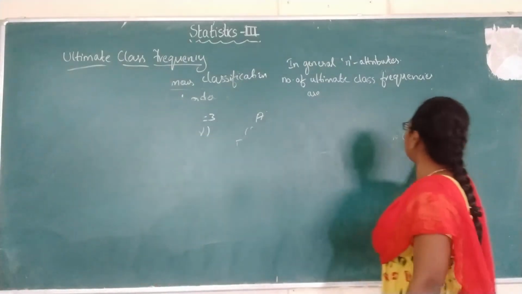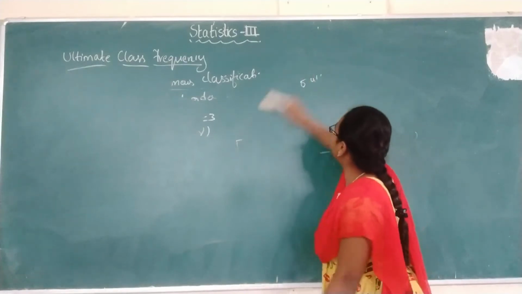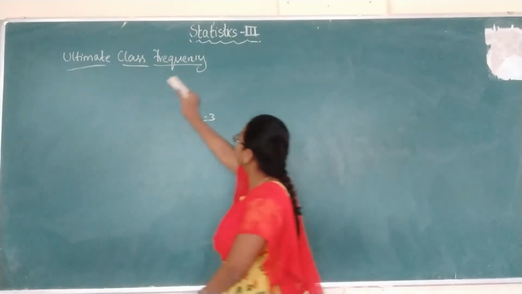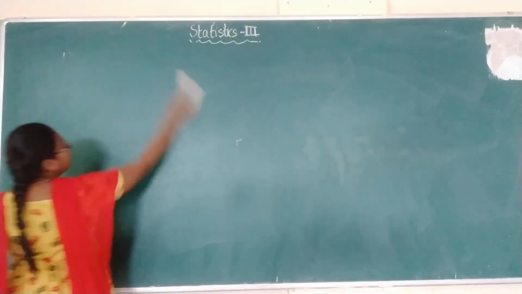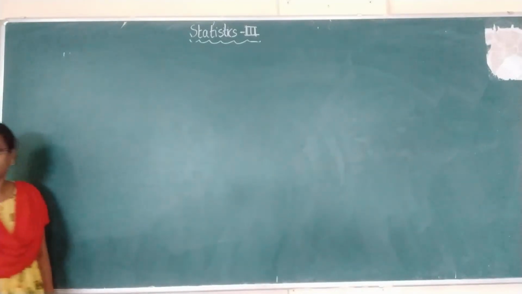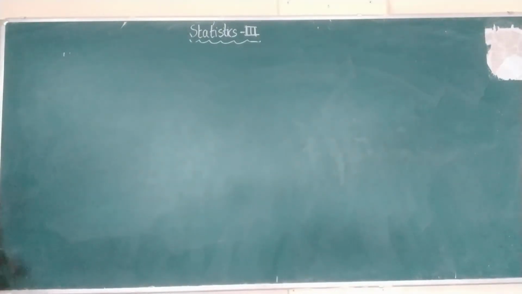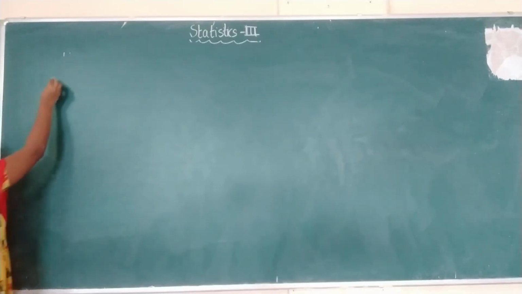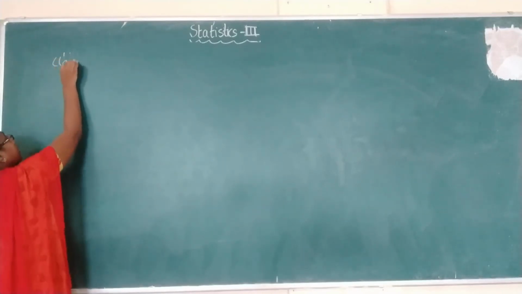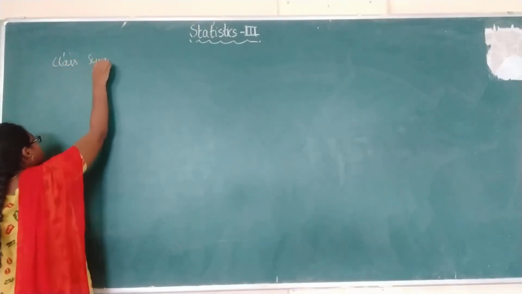Now we will see the next definition. Next we will be seeing the class operator definition. The next definition is class symbols as operators.